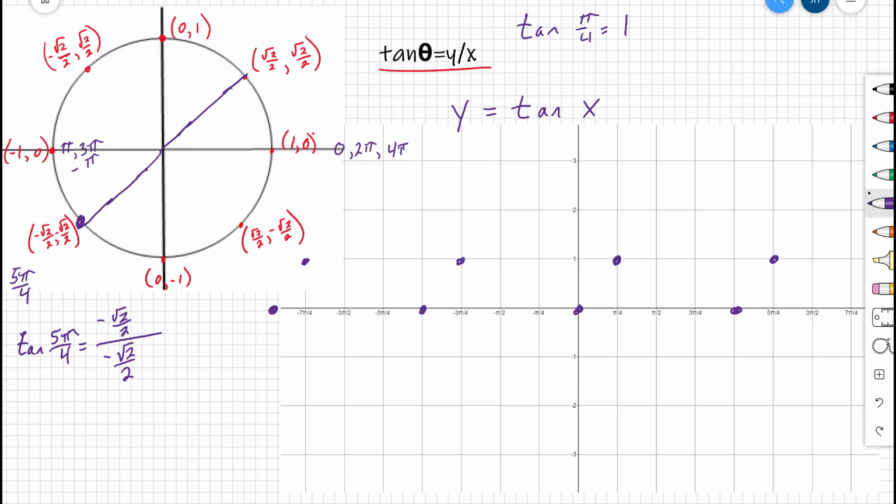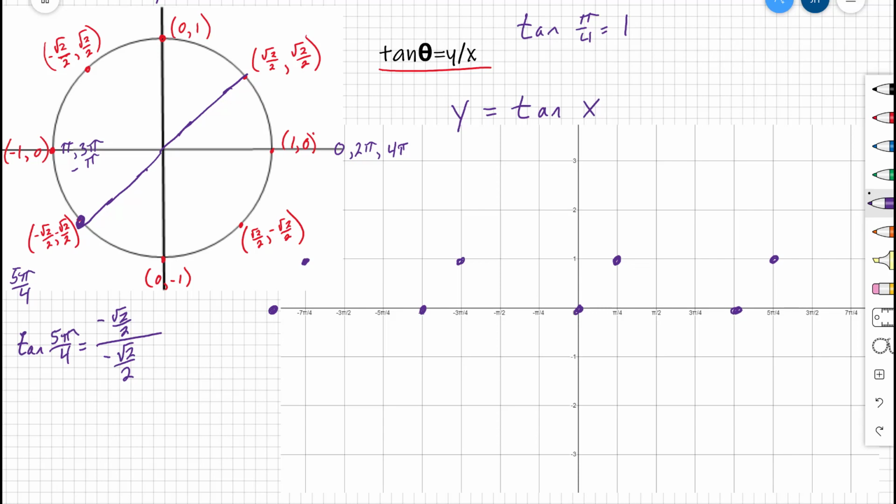If we keep going around and look at pi over 2, at this point we have 1 for our x, 0 for our y. So tangent of pi over 2 would be 1 over 0, which is undefined. And you may recall from algebra days, if you have an undefined output on a function, that means we have a vertical asymptote there. That's a place where the function is undefined.